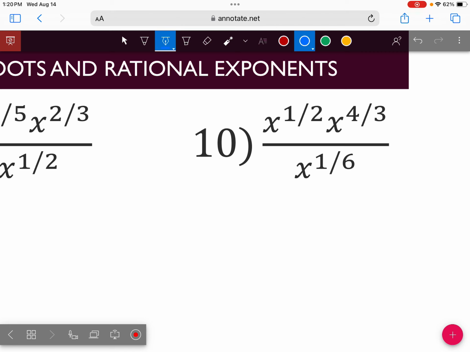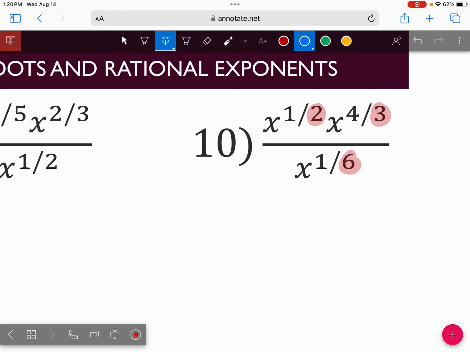So the one we did yesterday already had a common denominator, but this example doesn't. So the first thing we need to do is figure out what would be our common denominator. So if I have a 2, a 3, and a 6, does anybody know what common denominator I can use for those 3? 6. 2 divides into 6. 3 divides into 6, and 6 divides into 6.